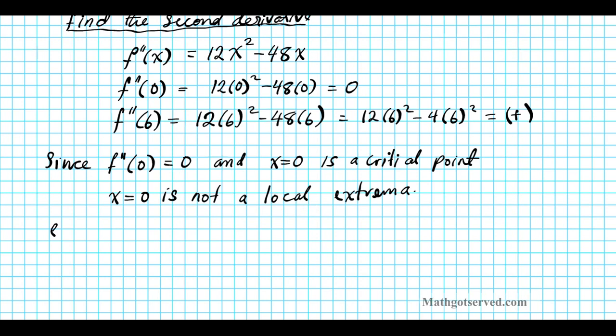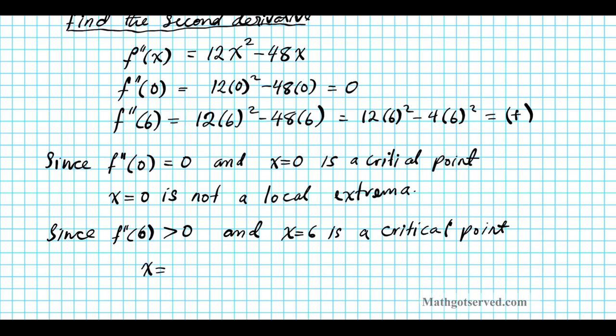Secondly, we're looking at 6 right now. F double prime of 6 is positive, greater than 0, and x equals 6 is a critical point. What conclusion can we draw here?